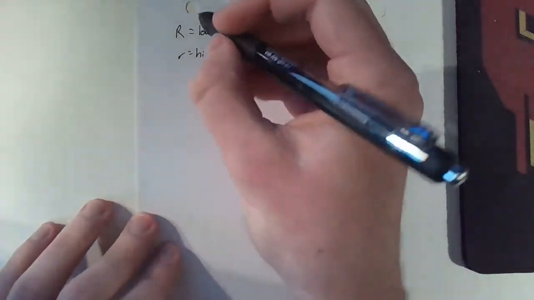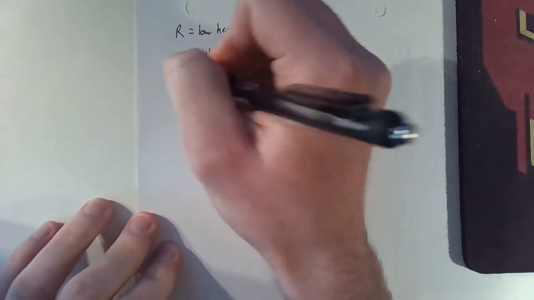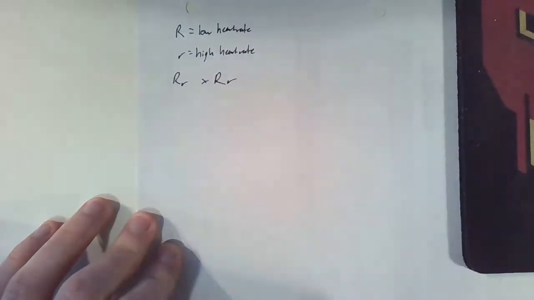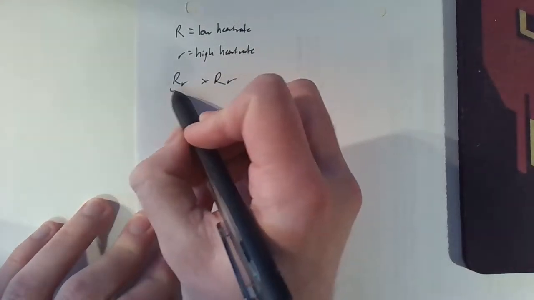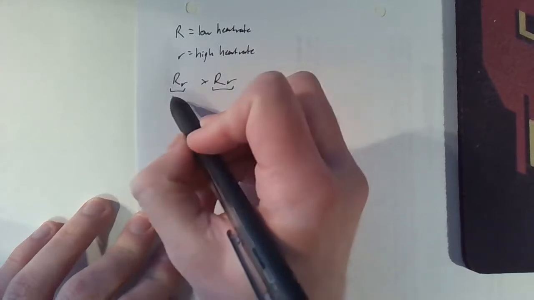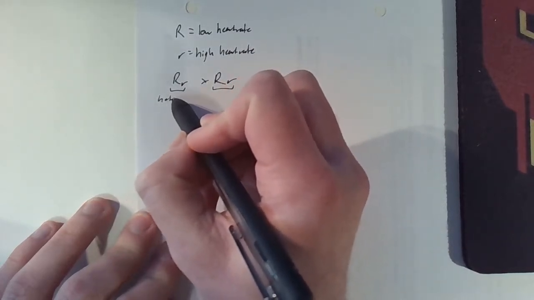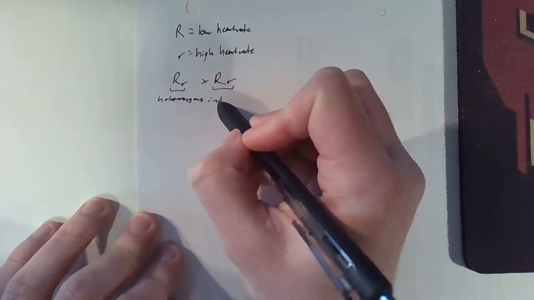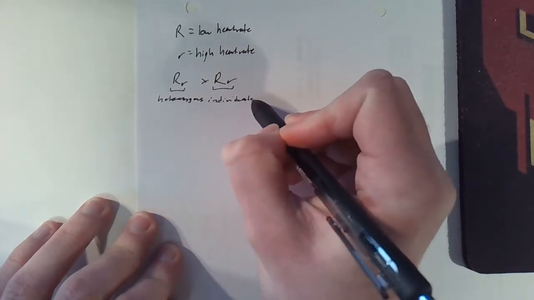So let's take a look at that. Let's say that there's an individual who is heterozygous and they mate with another heterozygous individual. Remember that heterozygous means two different alleles.